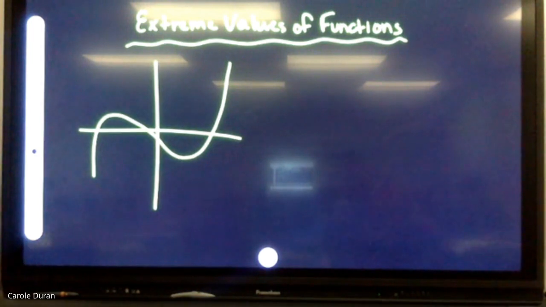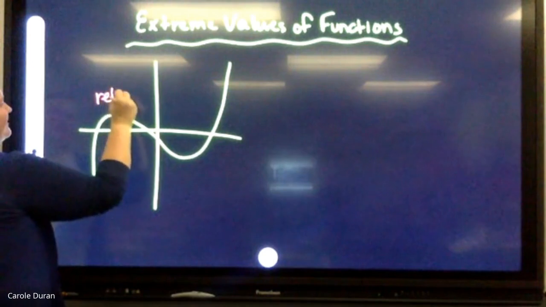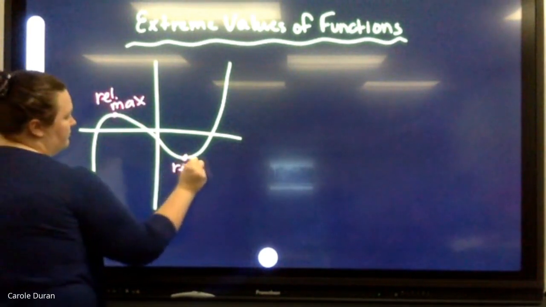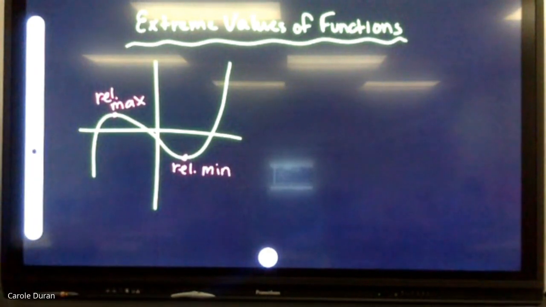This would be a relative maximum because it's a hill. This would be a relative minimum because it's a valley. The relative extrema are also called the local extrema because they're not necessarily the highest or the lowest points on the entire graph, but they are the highest or the lowest for the area that they're in.